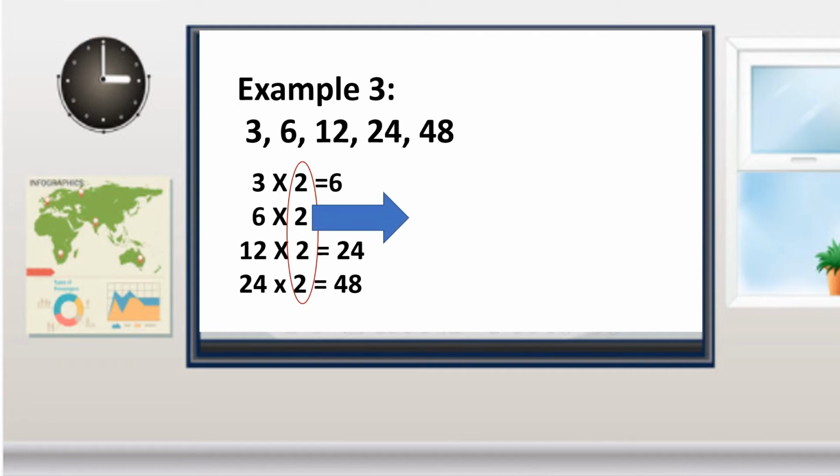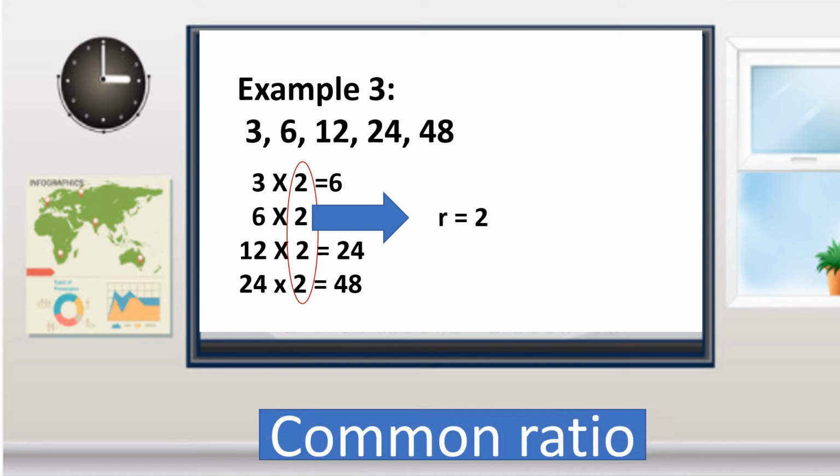The number being multiplied is called the common ratio. In the given geometric sequence, the common ratio is 2.